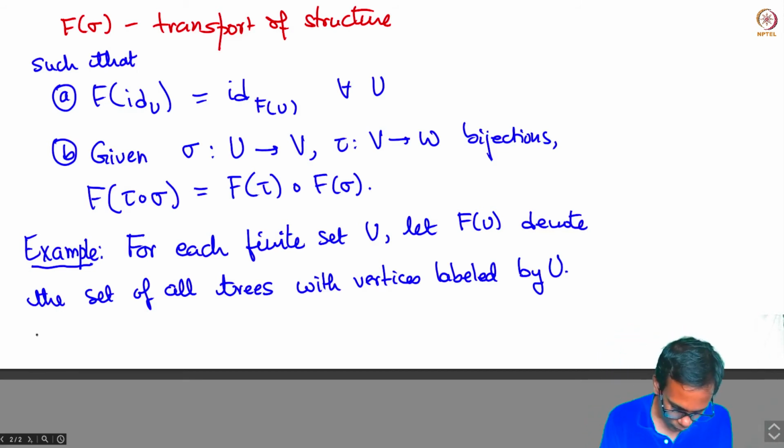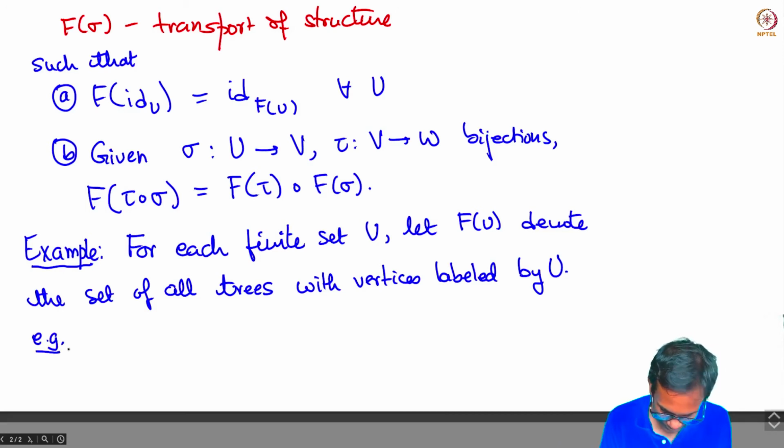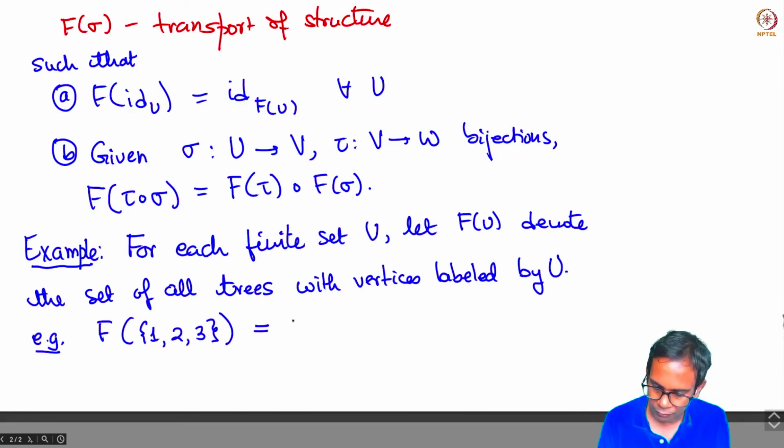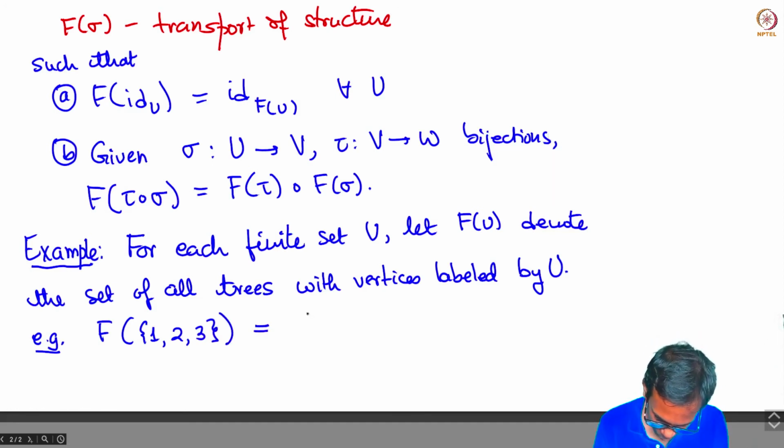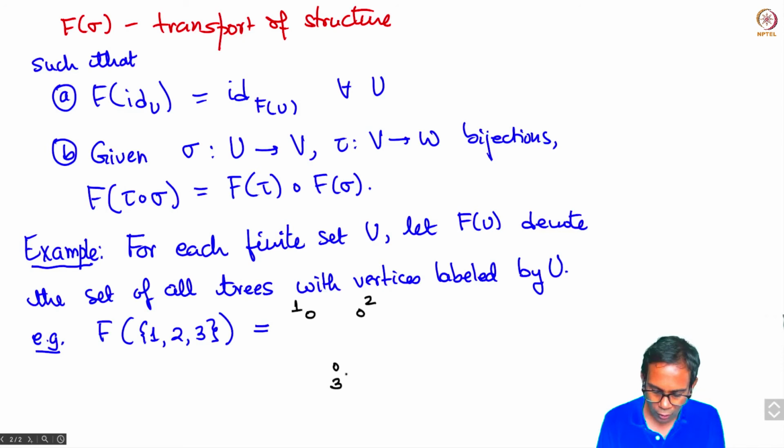So an example inside this example is F of {1, 2, 3}. Now we have three points, 1, 2, 3, and we want to find all possible ways of constructing a tree with these three points as vertices. It's not difficult to see that there are only three such trees. One is where there's no edge between 2 and 3.